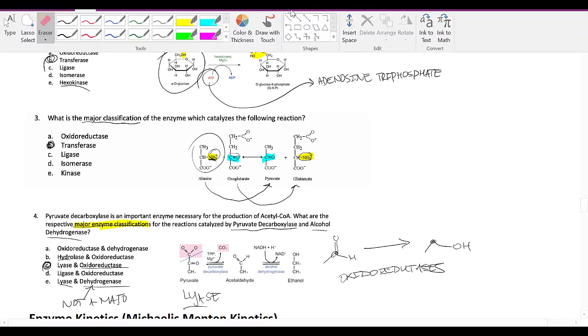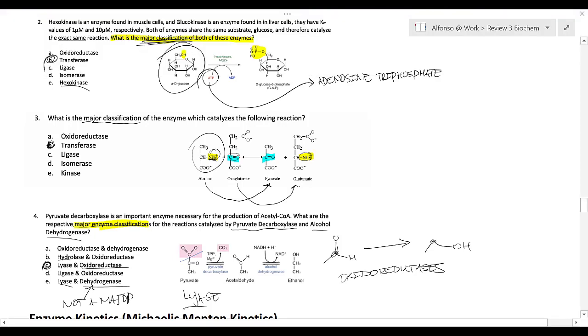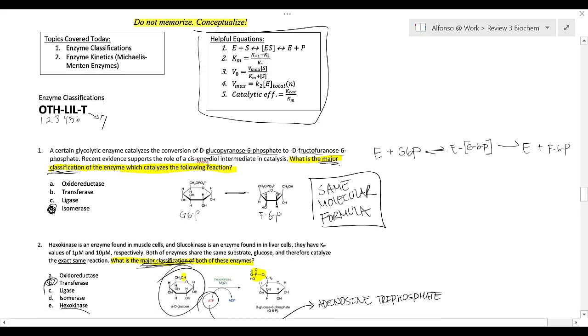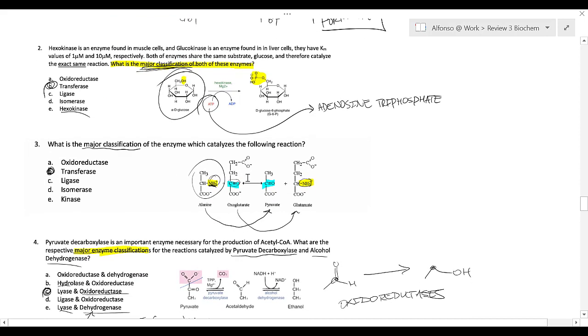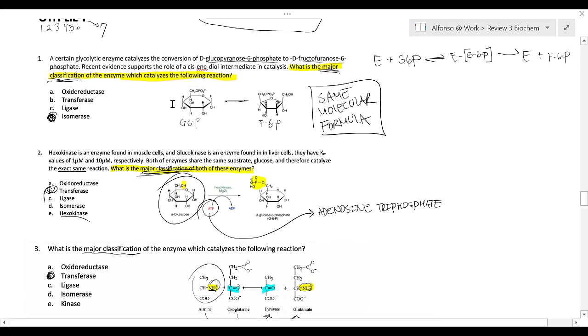All right, so you're going to want to get comfortable with looking at chemical reactions and deciding what is the EC number, or the major classification, of each enzyme that catalyzes a reaction. So for this one, G6P into F6P, what would be the EC number for it?